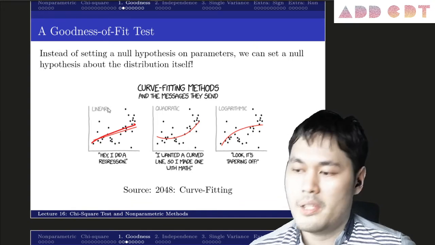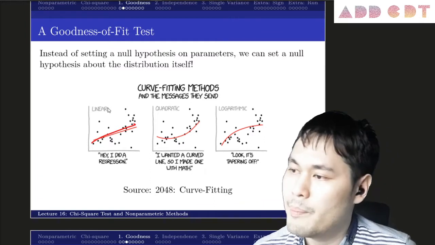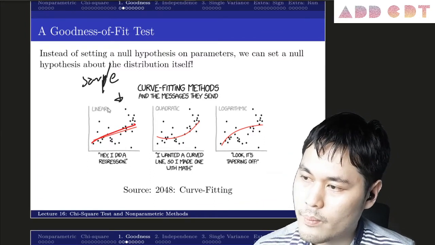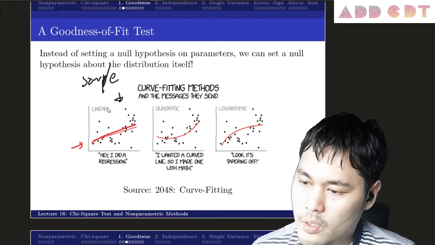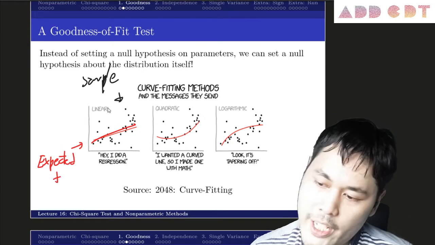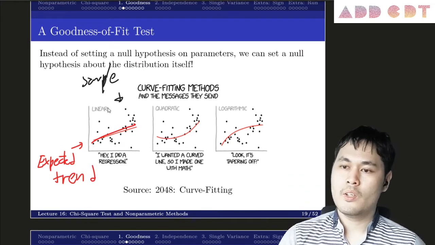So this is what we are comparing. We are comparing two things again. We have the black dots, which is the sample, and we have the red lines, which is the expected trend. And let's use the word trend. Yeah, these two things.